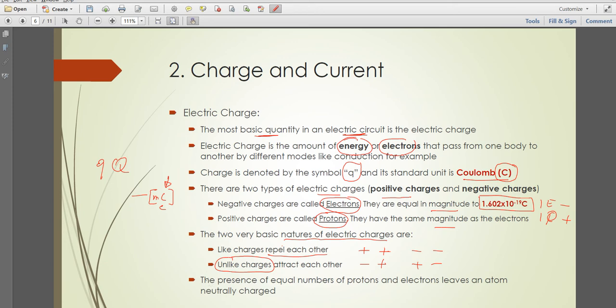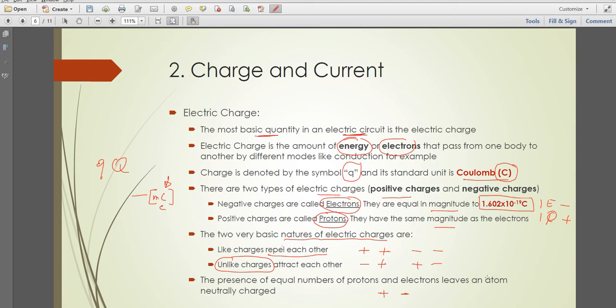Now if you have the same amount of electrons and protons, same plus and same minus in quantity, we create what we call a neutrally charged atom. There's no charge in that atom.